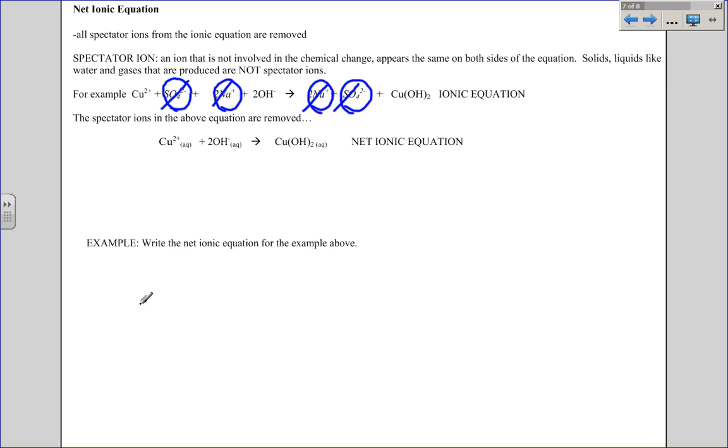And we can remove those, and when we remove them, we are left with barium 2+ plus sulfate forms barium sulfate solid.